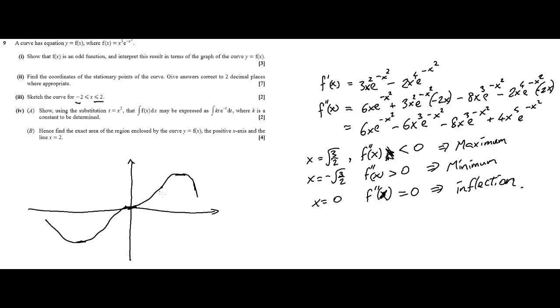So yeah, this is the general shape. Make sure you do it smooth, not like my sketch, because it's kind of bad. But anyway, this is the general shape, and you can see the rotational symmetry from part 1, which should be what you're looking for.